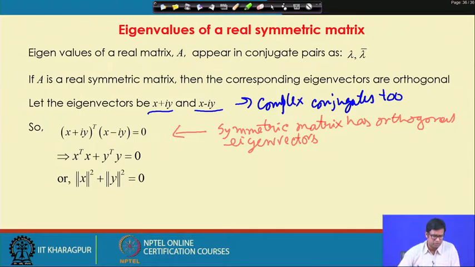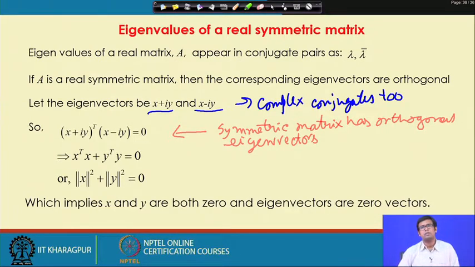And when is it possible? This implies that x and y are both 0 and the eigenvectors are 0 vectors. However, eigenvectors cannot be 0 vectors. That is what we have been discussing for a while, because eigenvectors only appear when A minus lambda I has a null space. If for any value of lambda A minus lambda I becomes a singular matrix, only then eigenvectors appear, and eigenvectors are linearly independent, they cannot be 0 vectors.